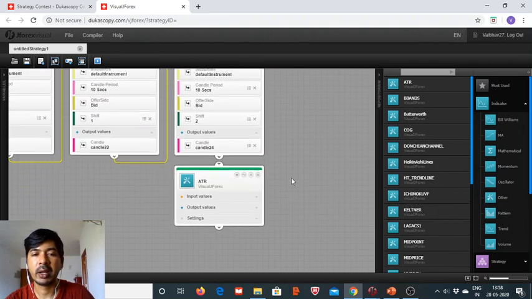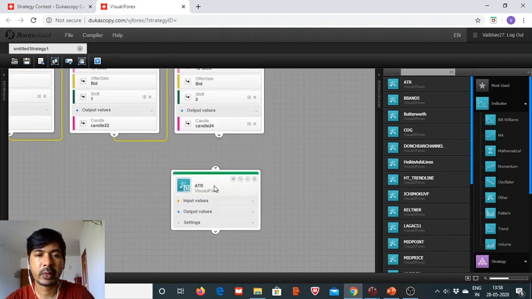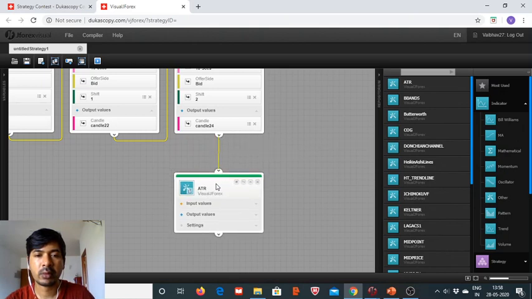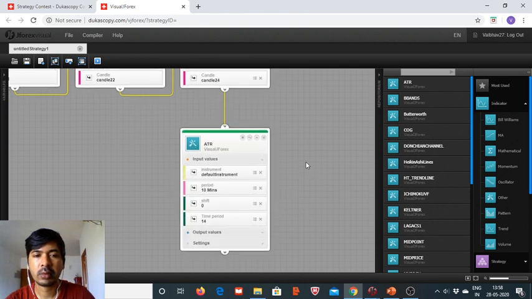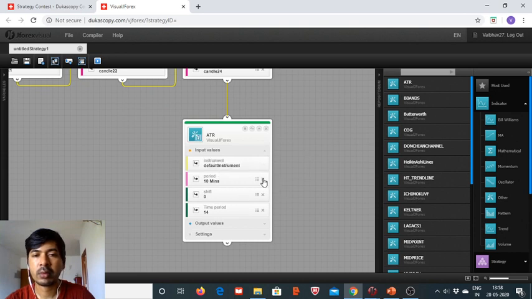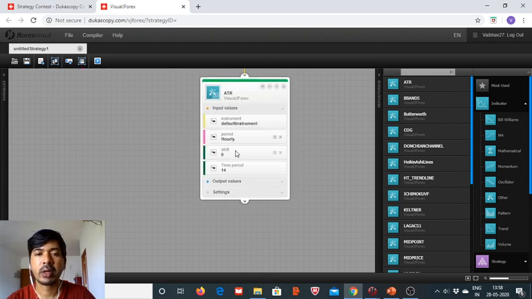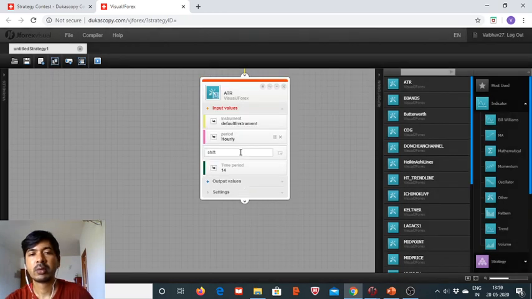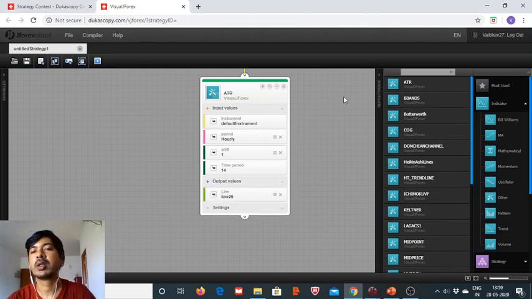Here we will define it at hourly time frame. We make it 1 hour each, and shift will be 1. Output value is line 25.